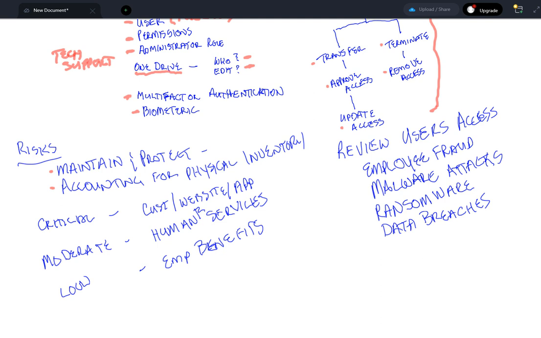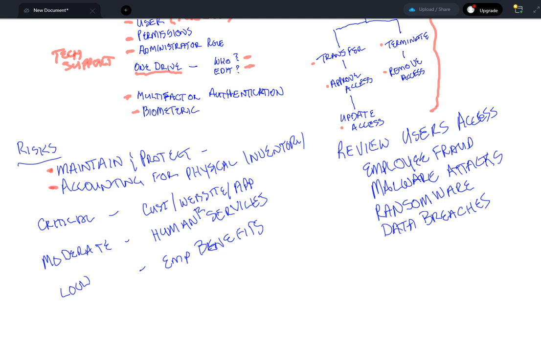The best example I used in class was the cath lab that was not there in the hospital I was auditing. A cardiac cath lab is where they do cardiac catheter procedures. Apparently, a doctor who was in charge of the area eliminated the lab, but didn't tell accounting. So when we're talking about maintaining and protecting, accounting needs to be able to account for whatever the inventory is or what's there. That's part of it.